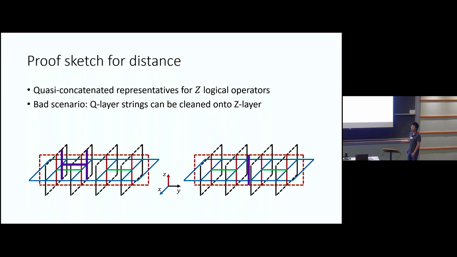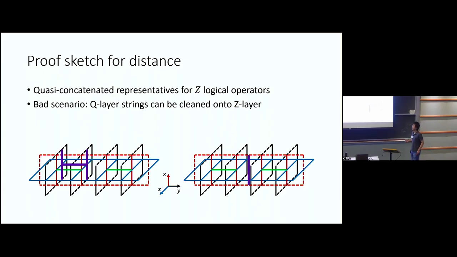But the problem is that sometimes we can have this bad scenario where we can somehow clean off the support from these Q layers onto a Z layer. By the way, this is for Z logical operators. That would significantly decrease the weight of this logical operator.